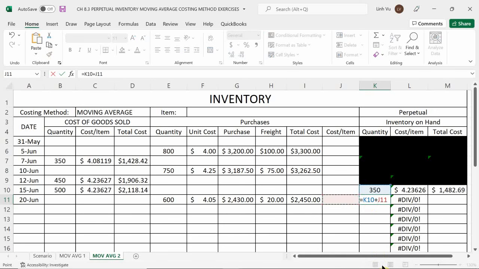So 350 plus 600 gives you a total of 950 units.